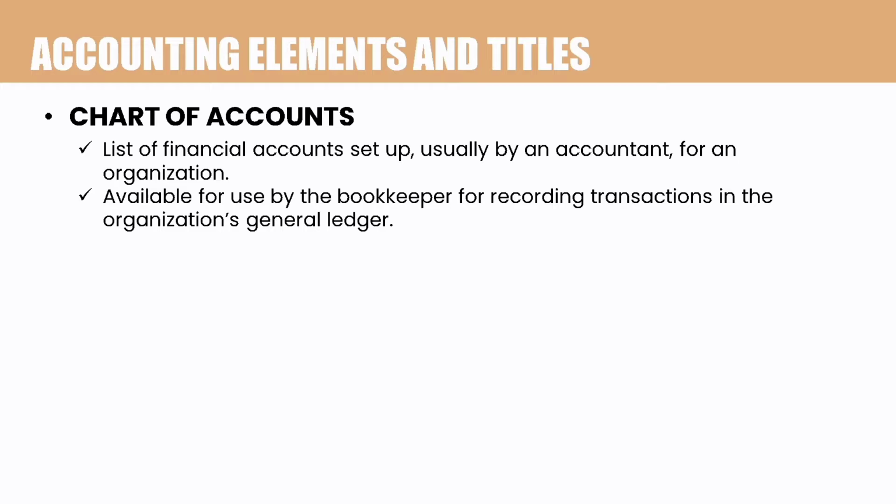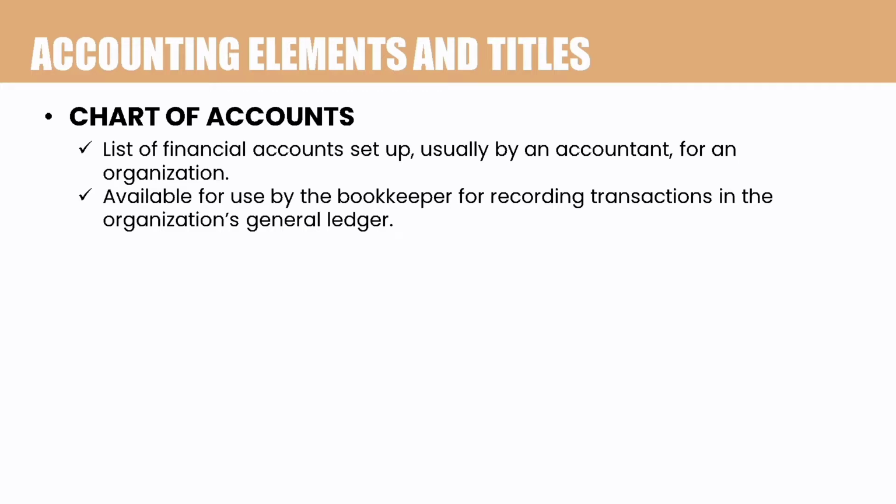define this one. So, ano ba pag sinabi nating chart of accounts? So, chart of accounts is the list of financial accounts set up usually by an accountant for an organization. So, etong mga financial accounts na to, ito yung ginagamit natin to record our business transactions na ginagawa ng ating mga bookkeepers.